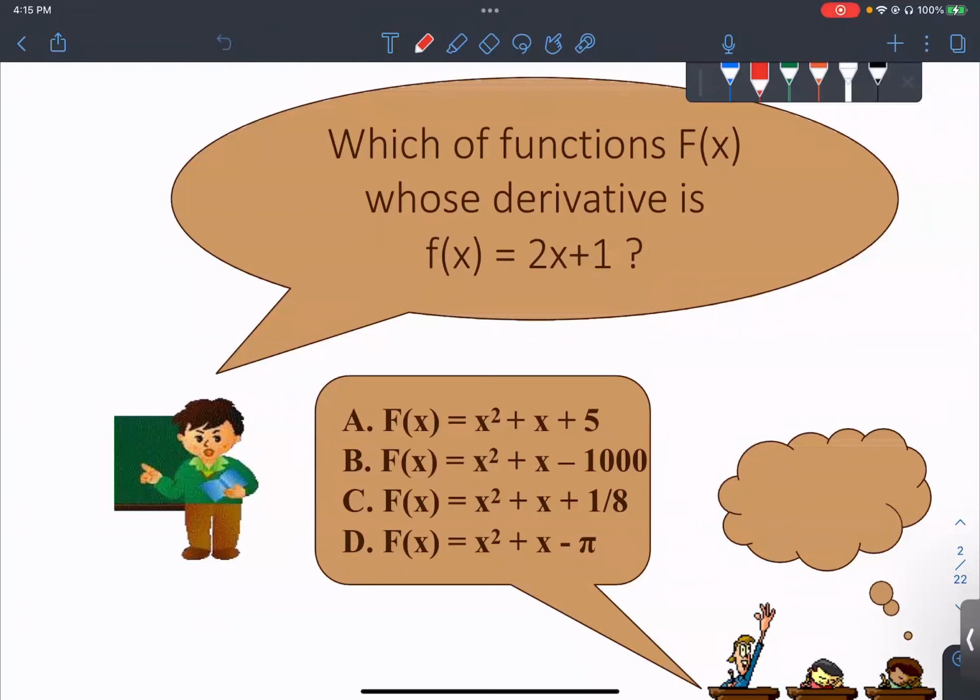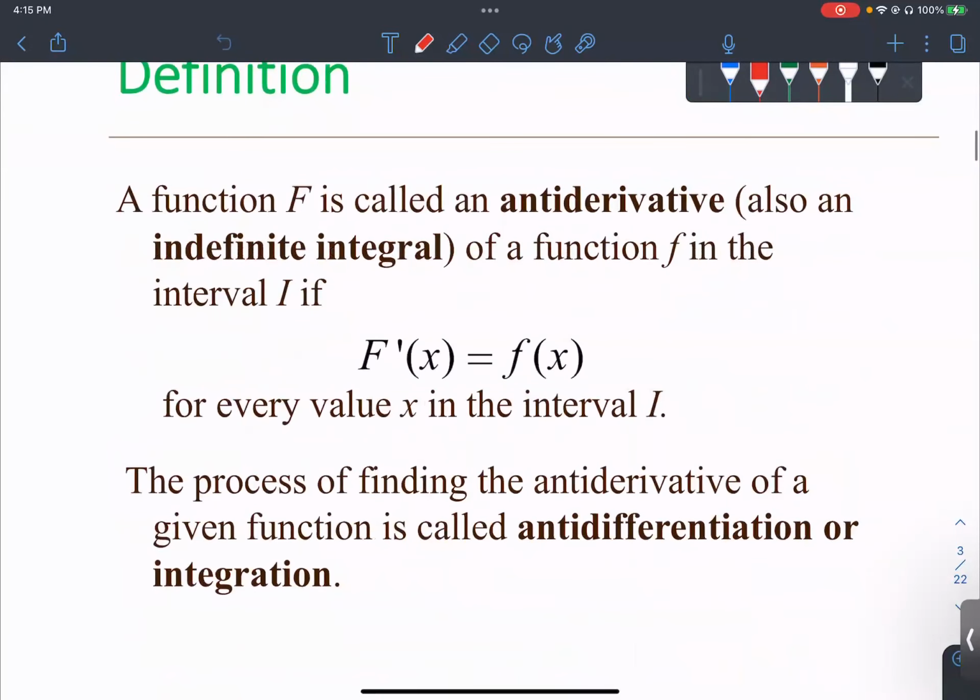So in antidifferentiation or in integration, a function capital F is called an antiderivative or indefinite integral of a function lowercase f in the interval I if F prime of x equals f of x for every x in the interval I. Meaning, capital F is what we are referring to as the antiderivative of the given function f of x.